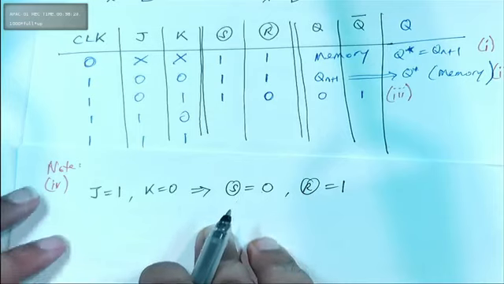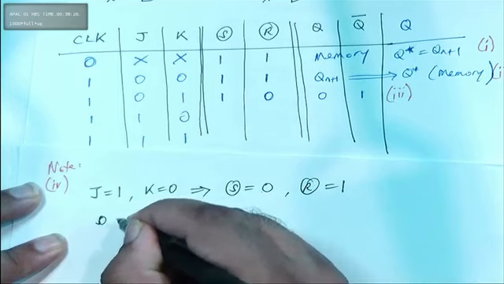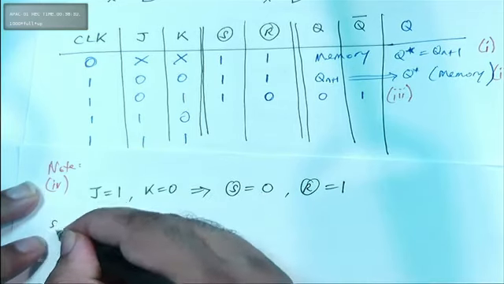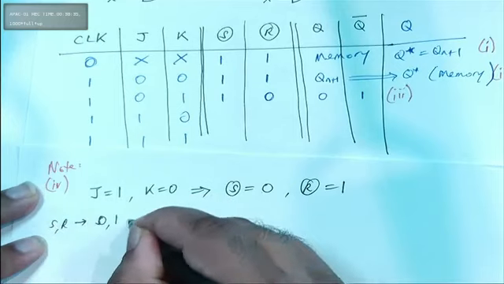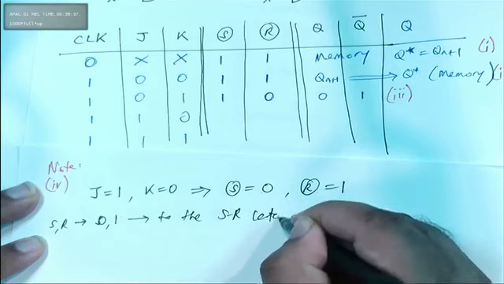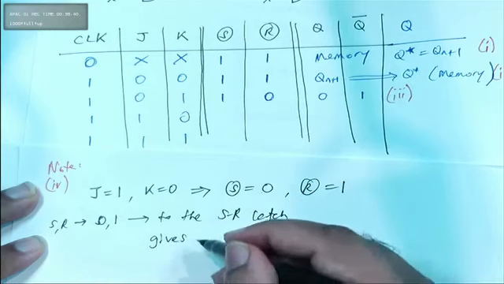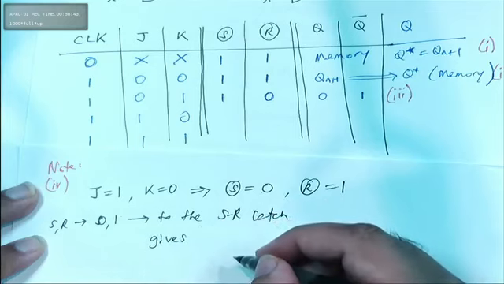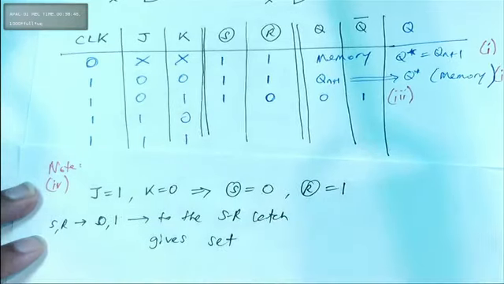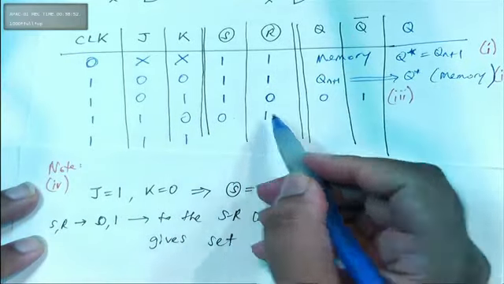we get set. That's known as 0, 1, S, R to the SR latch gives what? Gives set. Right? So let's fill this up. That becomes a 0, 1, and that 0, 1 goes into the SR latch.